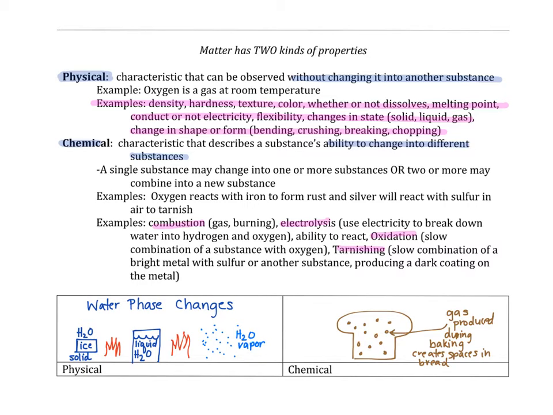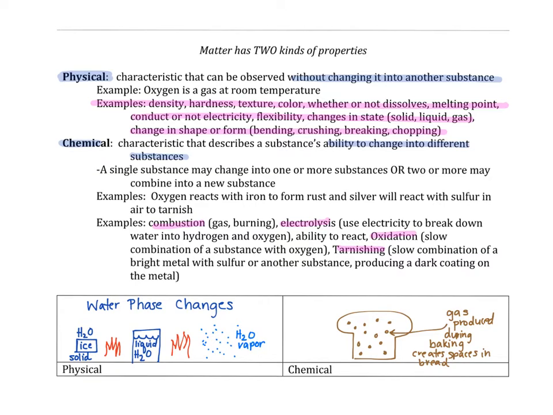Underneath, to help remember what each of these properties are, for physical, I drew the water phase changes. So I know that when water, which is H2O, is frozen, it is in a solid form. Let's say I heat it up. I take ice and I put it in a pot and I expose it to heat and it changes into its liquid form.